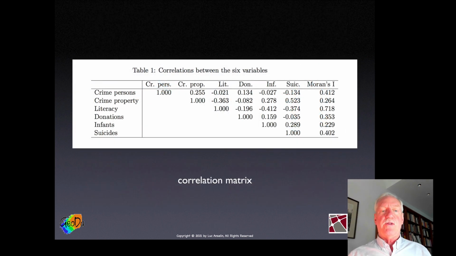We can also look at the correlations between the 6 variables, and these correlations range from being pretty decent, like 0.5 between suicides and crime against property, but some of these are also pretty dismal, like crime against persons and literacy, or births out of wedlock and crime against persons.